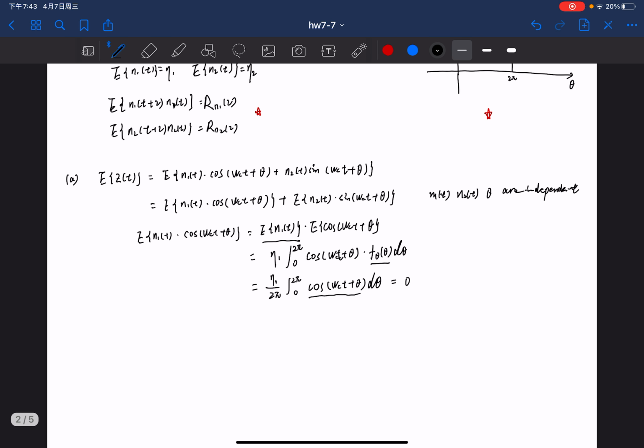Also, we can use the same method to calculate the second part, N2(t) multiplied by sin(omega_c t plus theta).